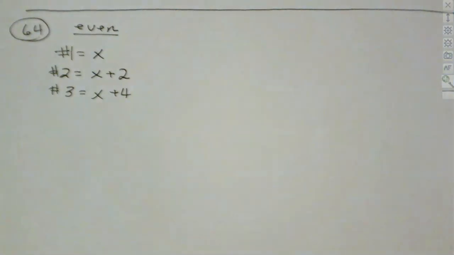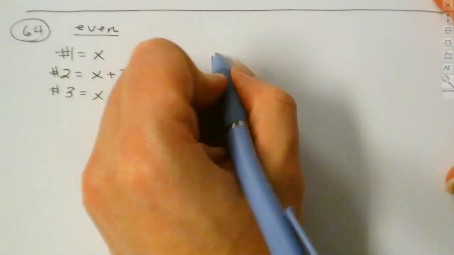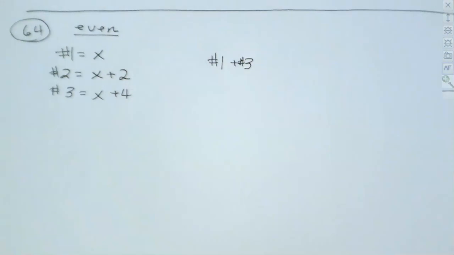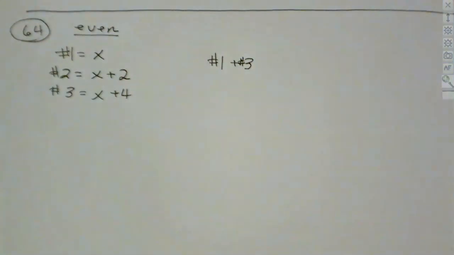Now, the first and the third of 3 consecutive even integers are added together. So first and the third. So let's take care of that. That's the first number plus the third number. Those are going together. Are added together.